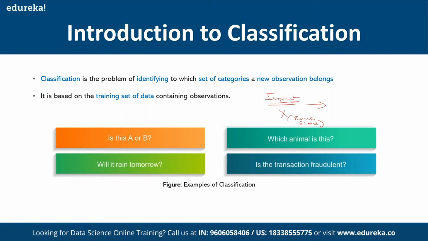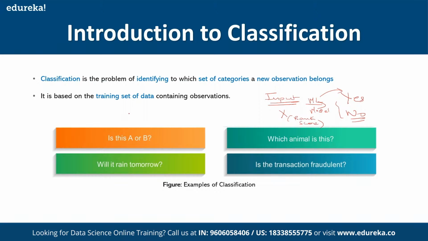You know that there are CRISIL score, credit score, a lot of scores. Suppose you give that as an input to a machine learning model, and it has already been trained on historical data. So it needs to predict whether you should give loan to this person, yes or no. So based on this input, what your machine learning needs to predict is yes or no.